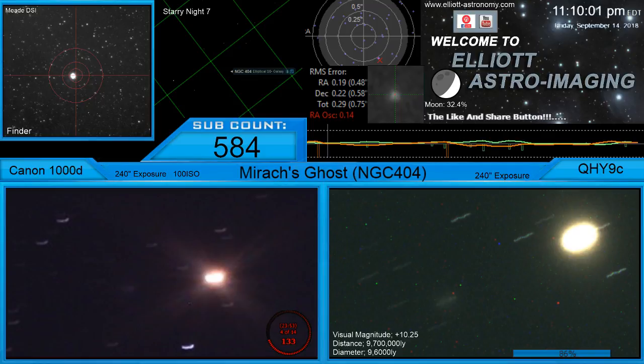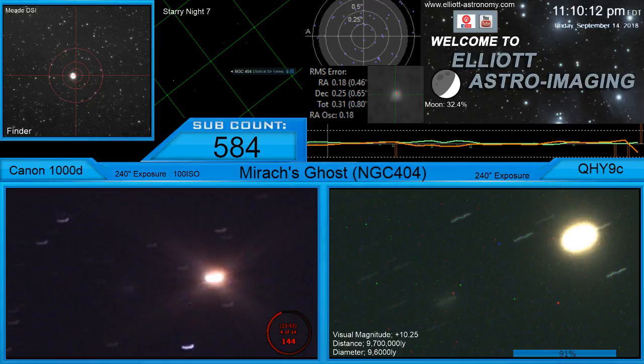So it's hovering between 0.7 and 0.8. It's not great. Probably because I kicked the mount a few times trying to fiddle with it and get it all set up, and got really pissed off at it.